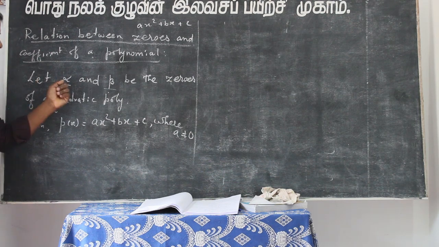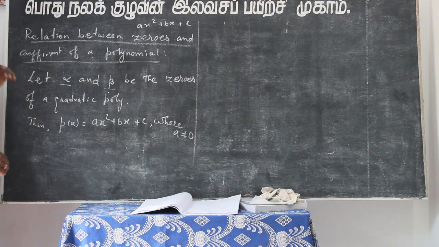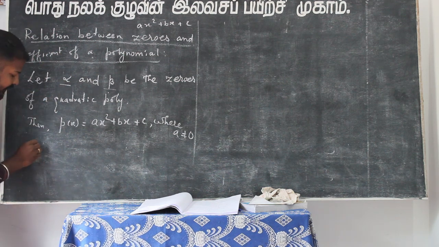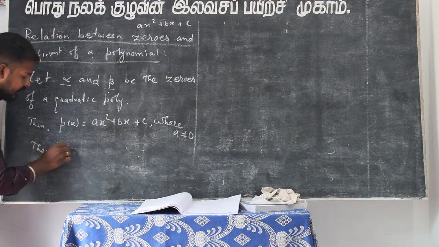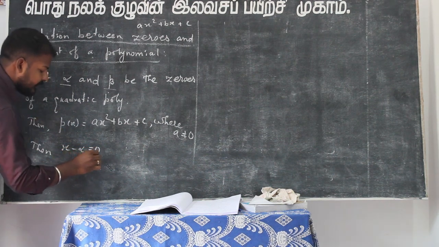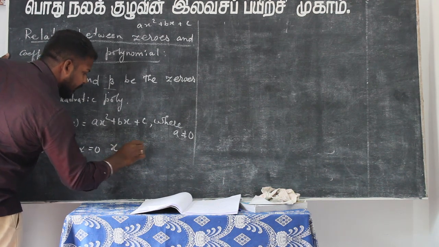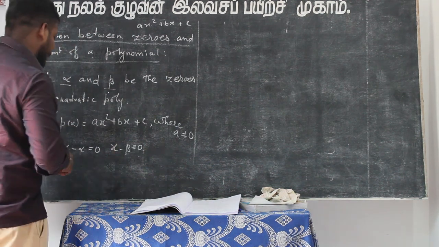So here we assume alpha and beta are the zeros. So here both are zeros, meaning how can we write here? Then x minus alpha is one factor, and x minus beta is another factor here. So what will we get here?